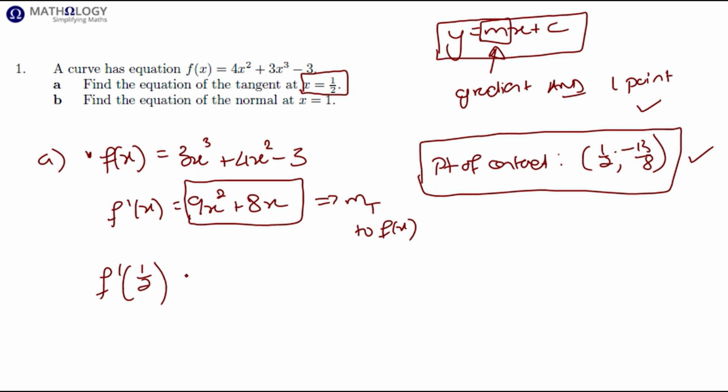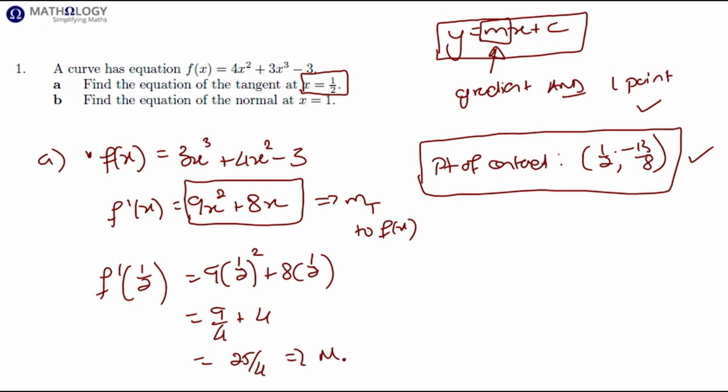So we're going to find f prime a half, which is 9 times a half squared plus 8 times a half. That will give us 9 over 4 plus 8 times a half will be 4, and that will give us 9 plus 16, that's 25 over 4. 25 over 4 represents the gradient of the tangent to f of x at the point a half, minus 13 over 8.